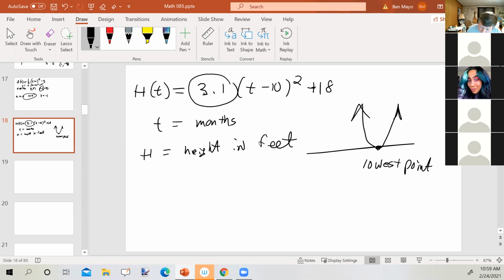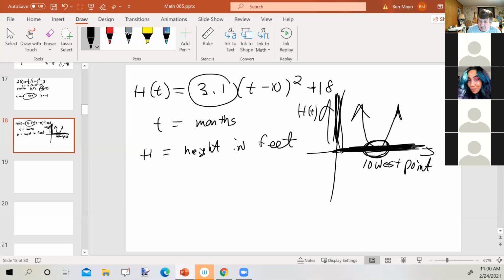Now, if we had this on a graph, this axis is t, this axis is h of t. This is like x and y. So this axis is time in months. This axis is the height. So when would the water level be the lowest? At the h value of the vertex. When would that occur? At the t value of the vertex.